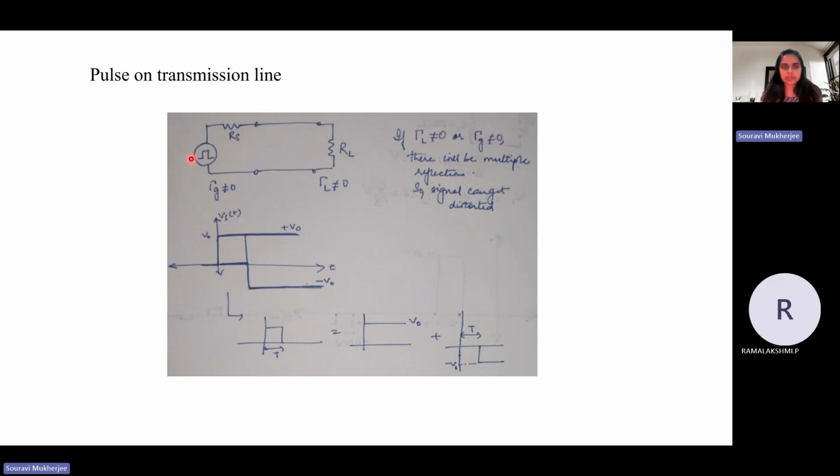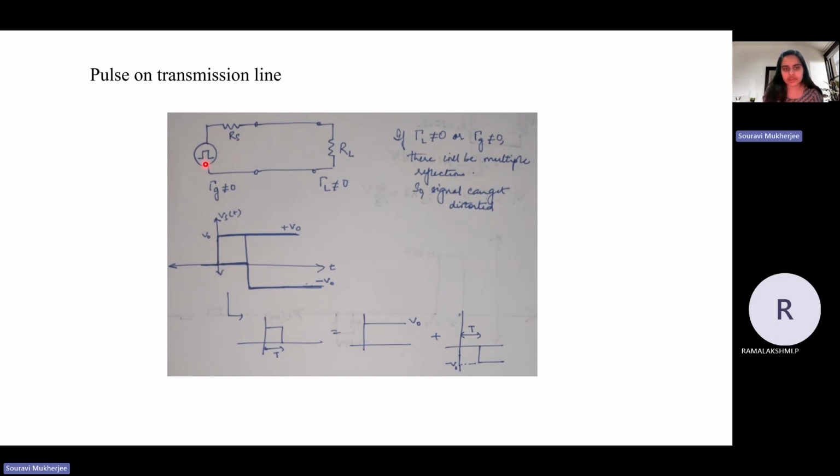Typically this is how your transmission line would look. You would have some load here, and if the load does not match with the characteristic impedance of your transmission line, you would have a non-zero reflection coefficient at the load end. Similarly, if the impedance does not match at the generator side, you would have a non-zero reflection here as well. You can also have this RS, which is a resistance at the generator end.